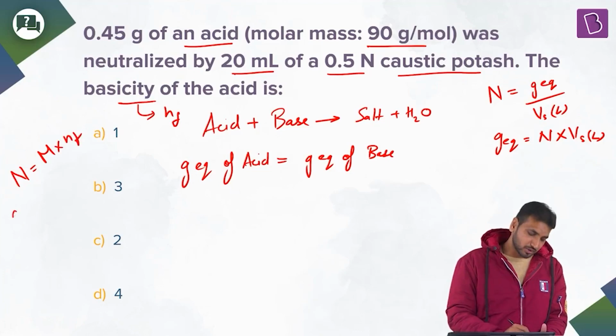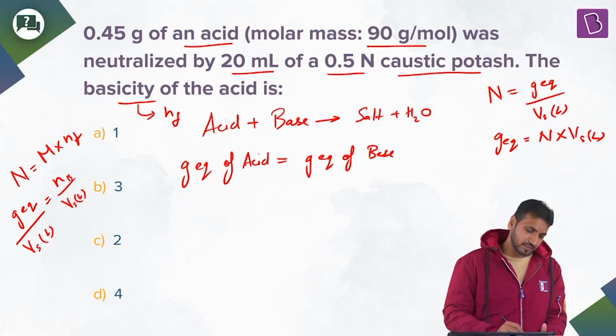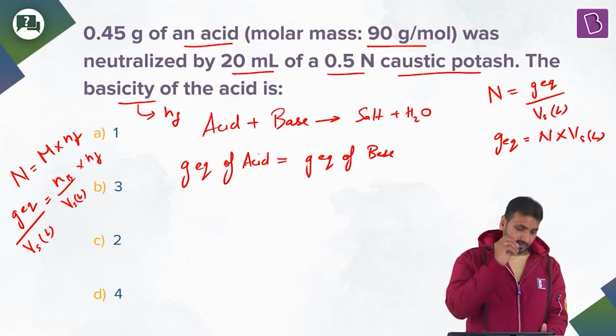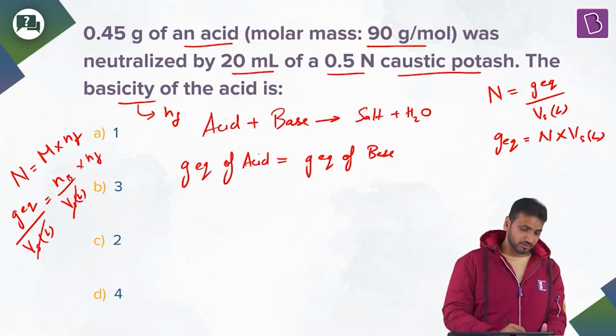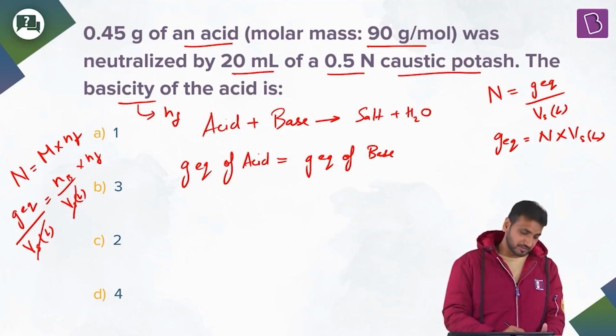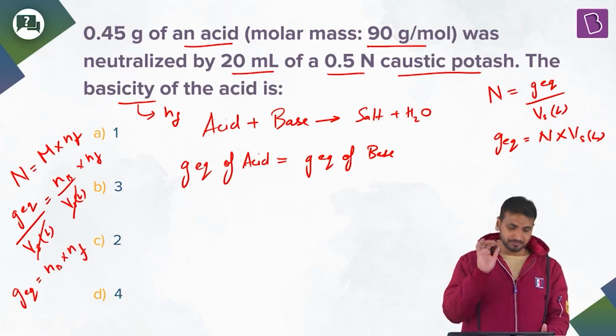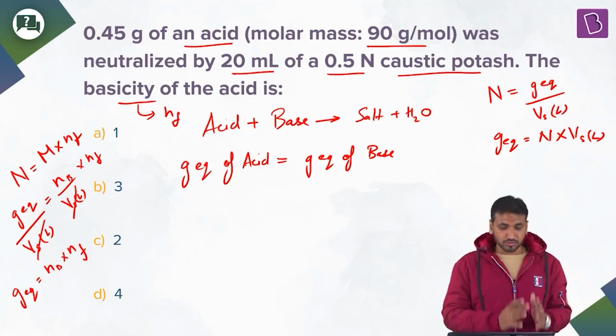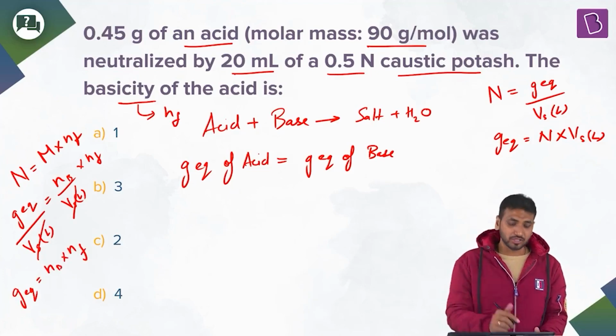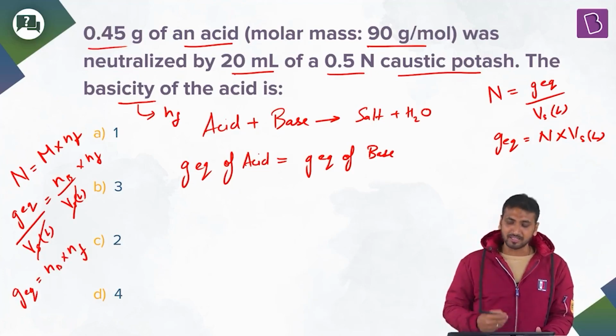Molarity is moles of solute upon volume of solution in liter. So if you cancel volume of solution from both these sides, what you get is gram equivalent is equal to moles of solute into n factor. Fine. I'll use both the formulas according to what is given to me and try to solve this.